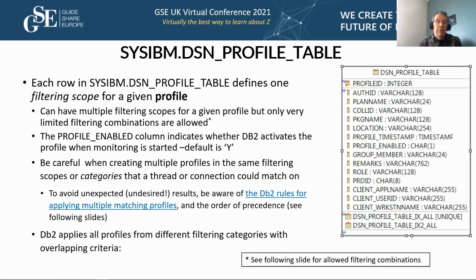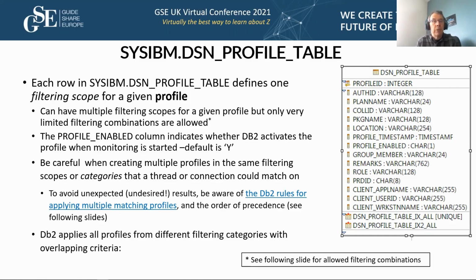Now, you've got to be very careful when creating multiple profiles in the same filtering scope or categories that a thread or connection could match on. You can create multiple profiles that an application could match on when it connects to DB2 because you've specified multiple scopes or categories that it could match on.